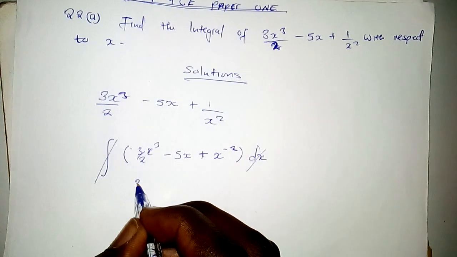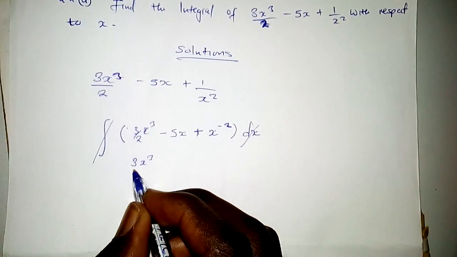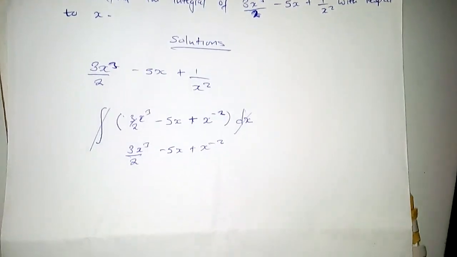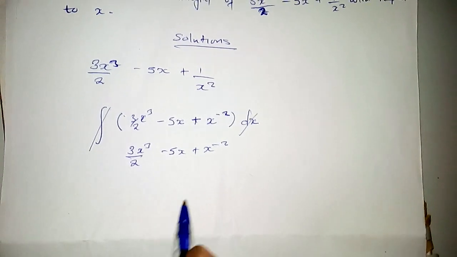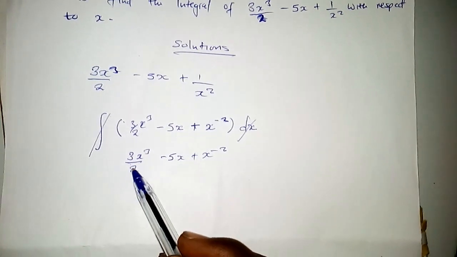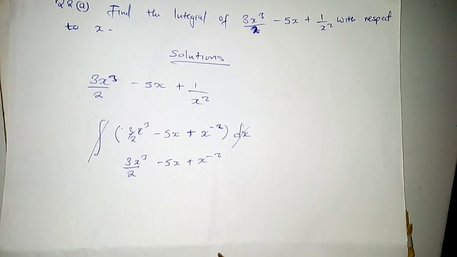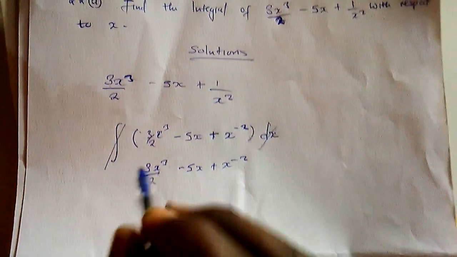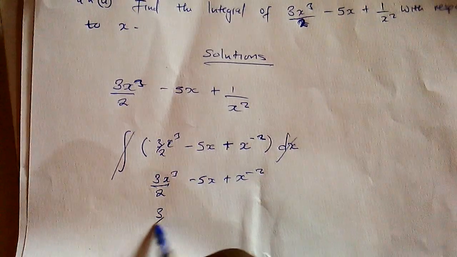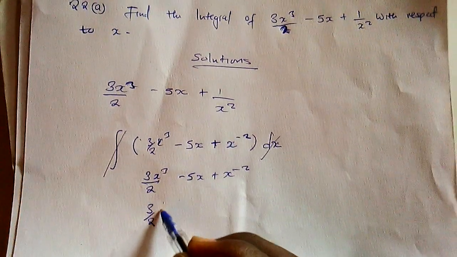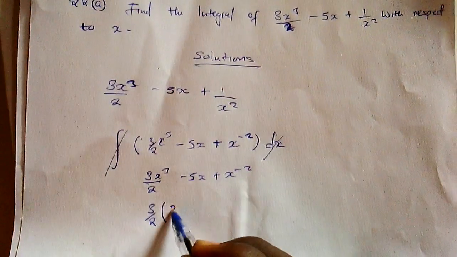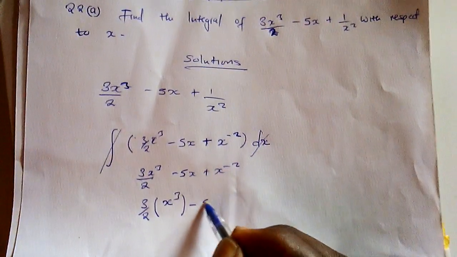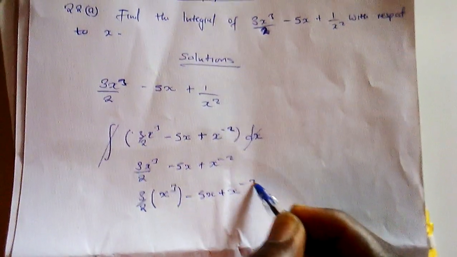I'll remain with 3x to the power 3 over 2 minus 5x plus x to the power negative 2. Then I'll separate this fraction from this number: 3 over 2, open bracket, x to the power 3, then minus 5x plus x to the power negative 2 there.